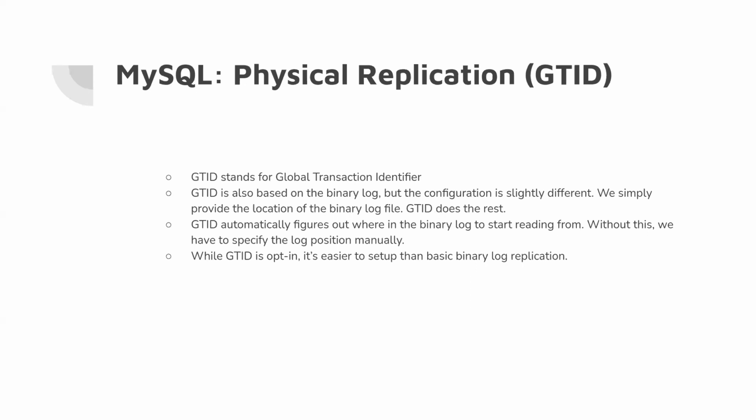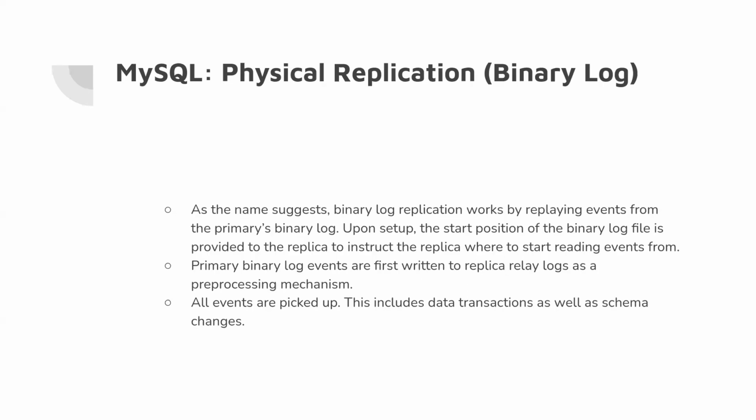So with the previous method, which is older, when configuring this, you have to give it the position you want to start at. And I'm sure this has to do with being able to retroactively replay data. If you're setting up a replica and you wanted to get historical data, maybe you do that. Or if you want to start it from just current, then you can do that as well.